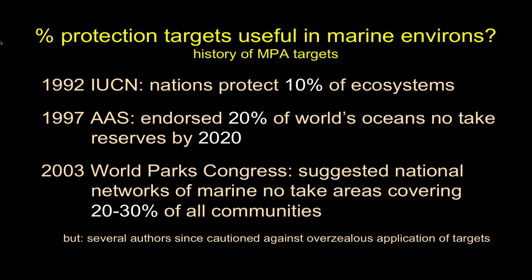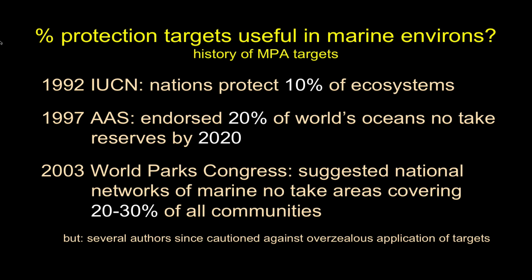The first formal large-scale notion of this came from the International Union for the Conservation of Nature, the international NGO, which is sort of quasi-associated with the UN, but is separate. And these guys said more than 20 years ago, hey, everybody should have 10% of each of their ecosystems, be it on land or underwater, set aside in some type of protected status.